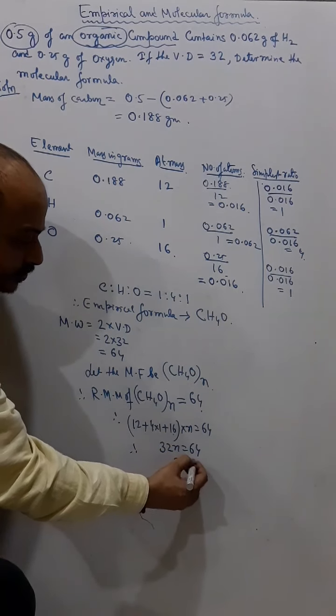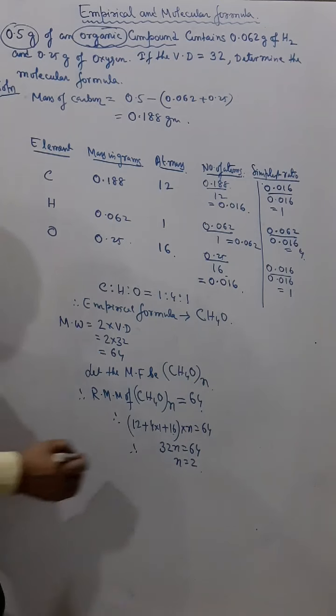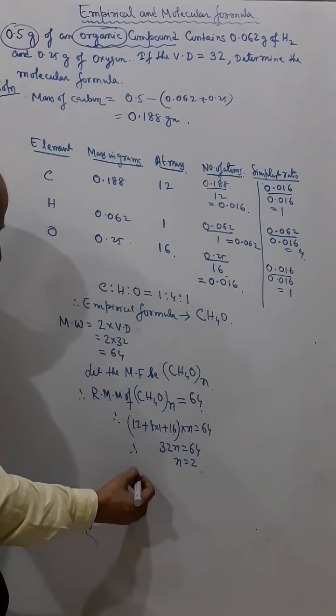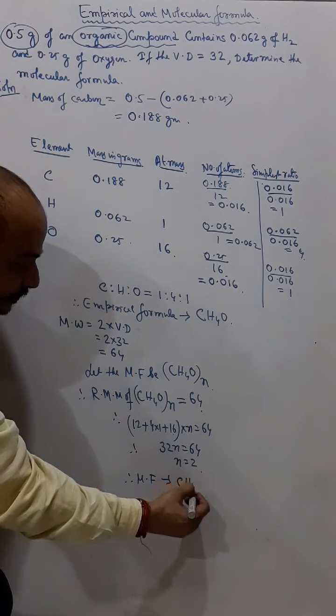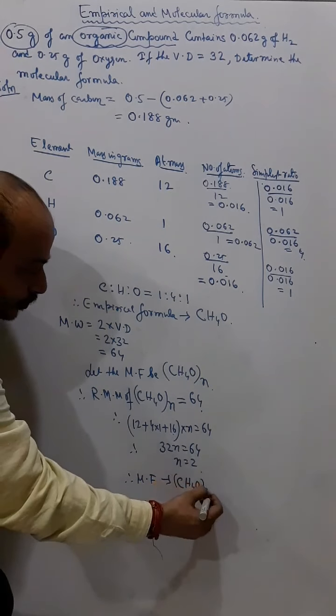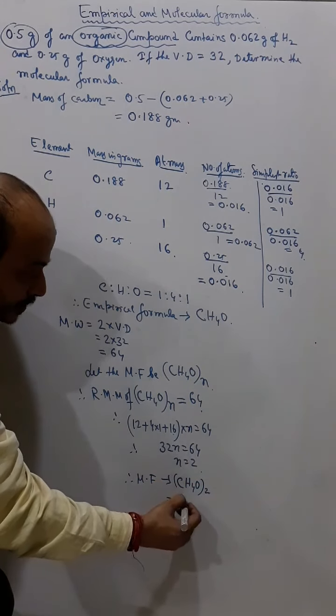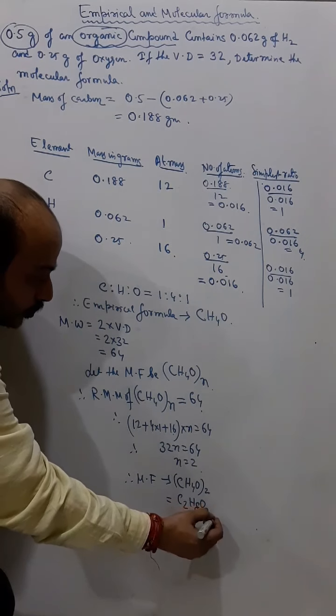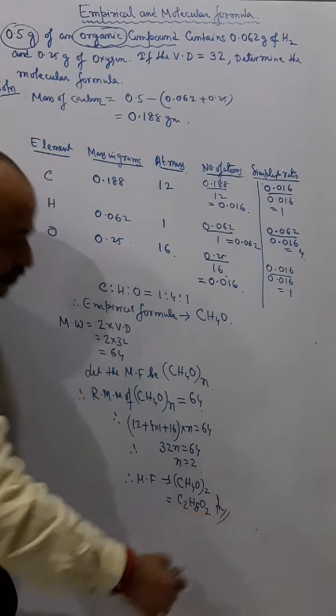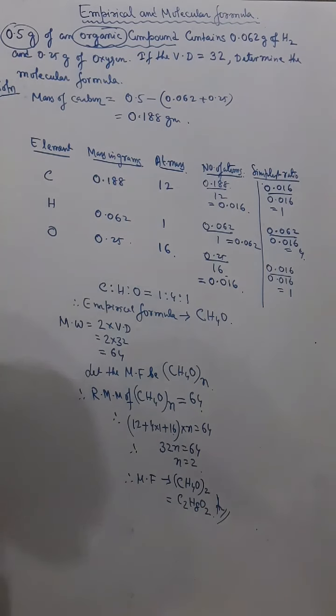So we get n equals 2. And n equals 2 means the molecular formula will be (CH4O) whole twice, and that is equal to C2H8O2. Okay, understand?